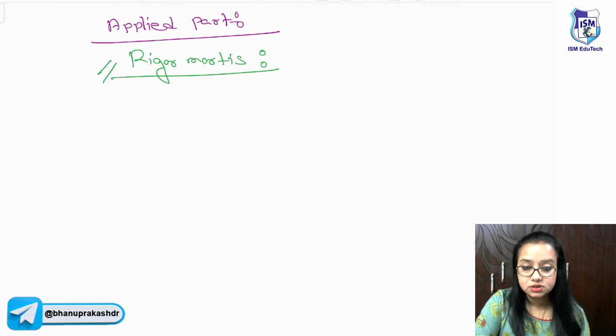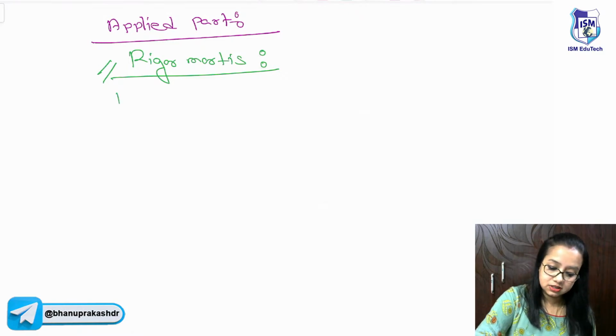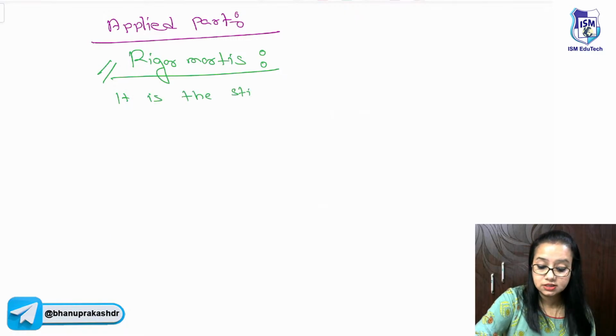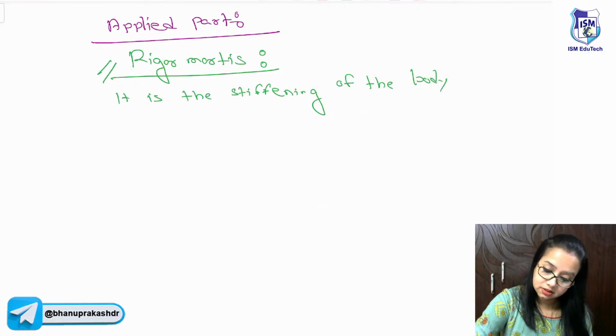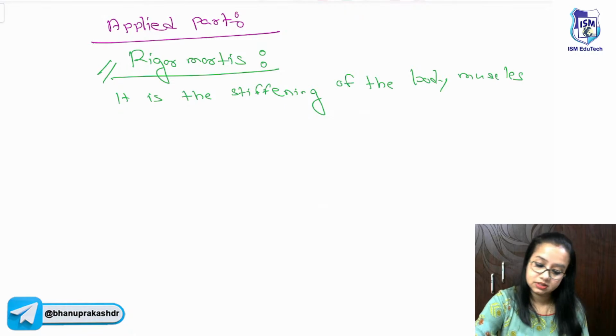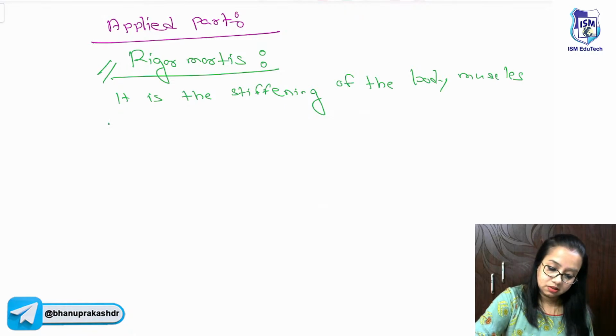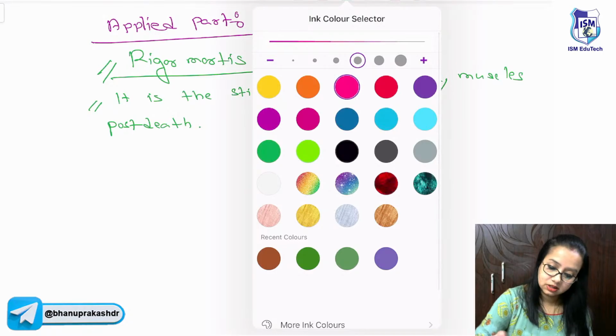Rigor mortis, what is the definition of rigor mortis? It is the stiffening of the body muscles, skeletal muscles, obviously, post death.